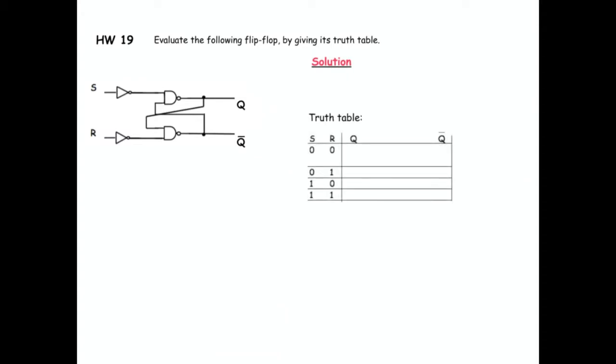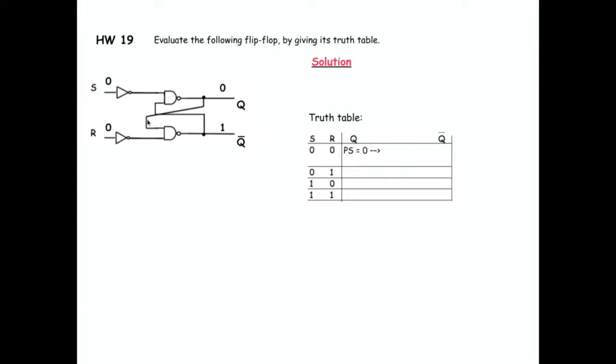And again, for it to be a valid flip-flop gate, when there is no signal, when S and R are 0, it should preserve the previous state. So we can confirm that. Now there are two possible previous states. Let's say that Q was 0, right? And then these inverters will make the absence of signal into signal.